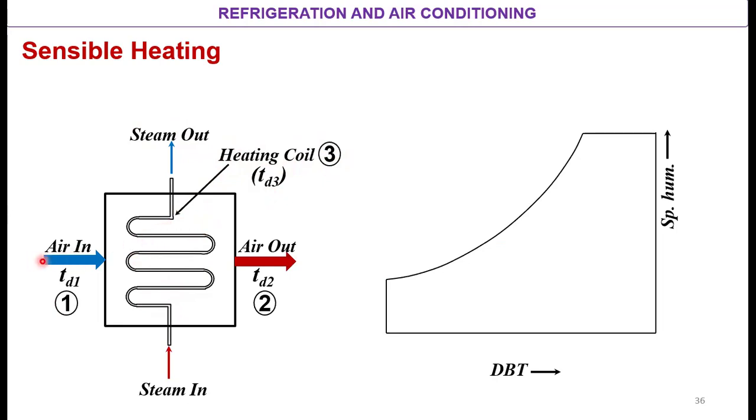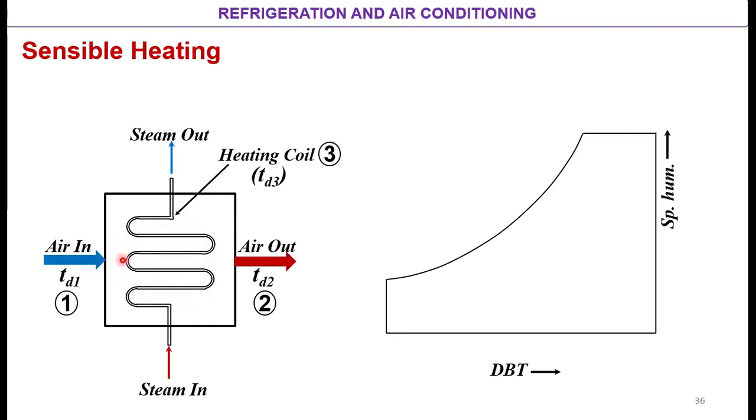The air which is admitted at condition 1, TD1, that is the dry bulb temperature of the air at inlet, at low temperature, is admitted into the duct, and the air comes in contact with the hot surface of this heating coil. As the hot steam is passing through the coil, the surface temperature of the coil will be very high, isn't it? It will be hot.